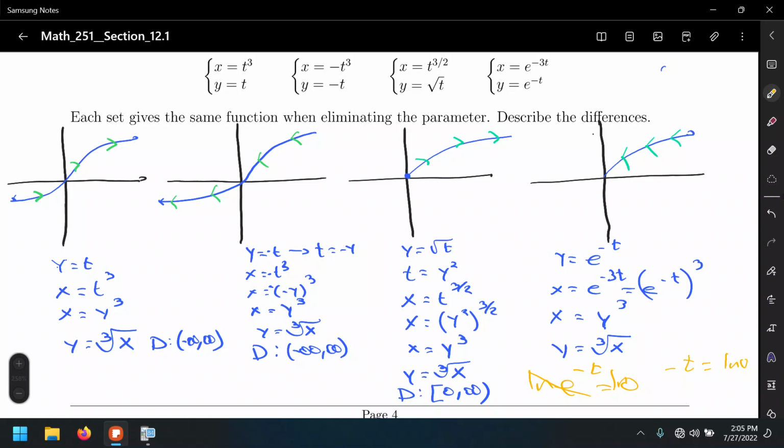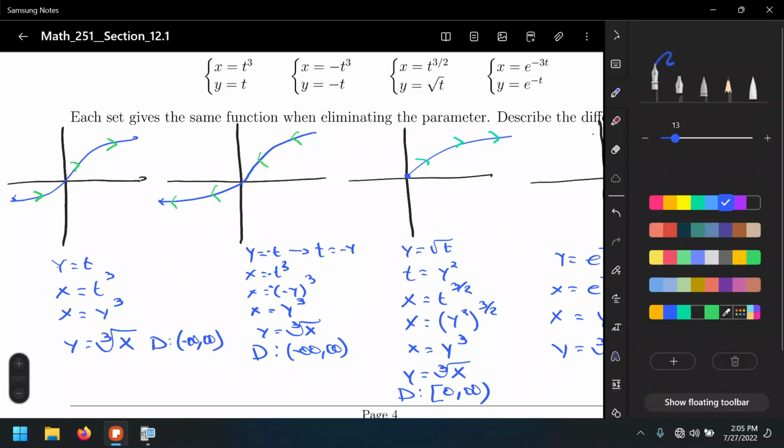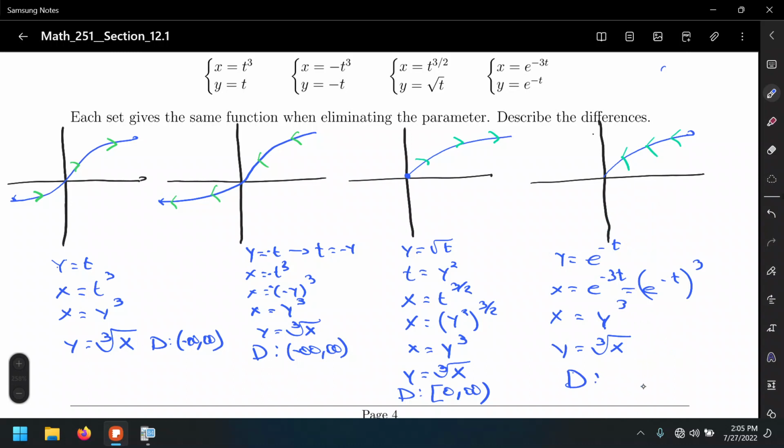And in this case, the function is undefined at 0, or the exponential never goes to 0. Well, so for the restriction, the domain is 0 to infinity, but in this case, excluding the 0.